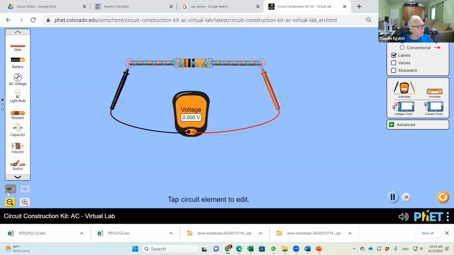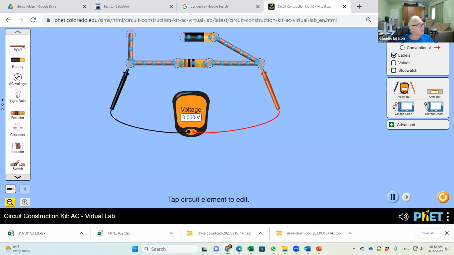But if we want to add a battery, we have a battery here. Okay, we can add the battery to my circuit. Here you go. And now we have electric charge flowing through this circuit. Let's disconnect it.